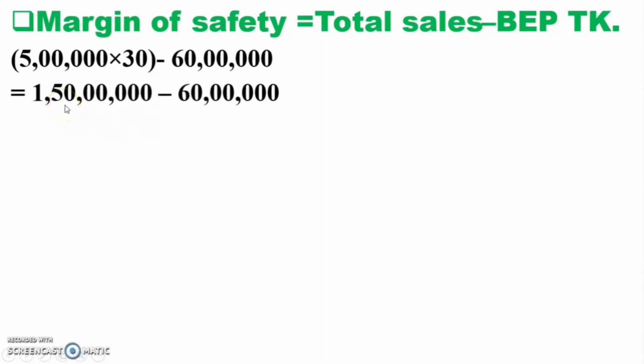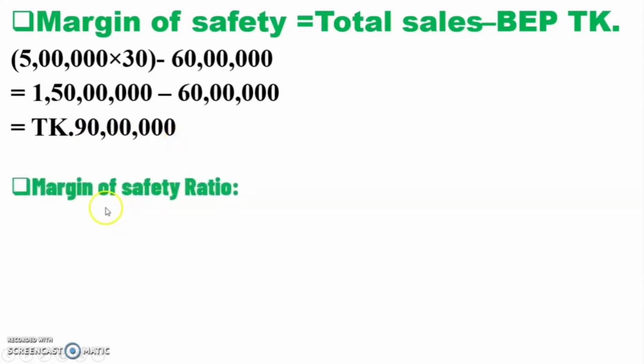Then total sales equals 1 crore 50 lakhs minus break-even taka 60 lakhs. Then the value will be taka 90 lakhs. This is the margin of safety, taka 90 lakhs.